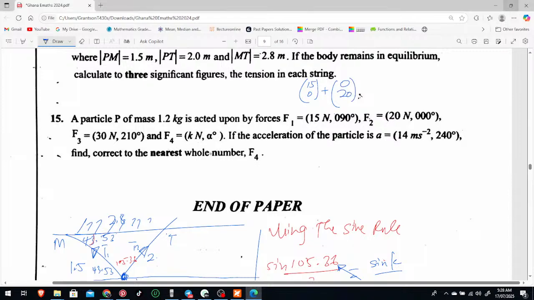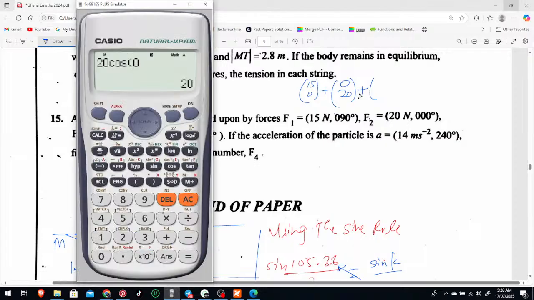Now they say that a particle of mass 1.2 is acted upon by forces. If the acceleration of the particle is this, find the fourth force. So this is F2, F3. F3 is 30 sine 120. So what is 30 sine 120? It is 15 root 3.